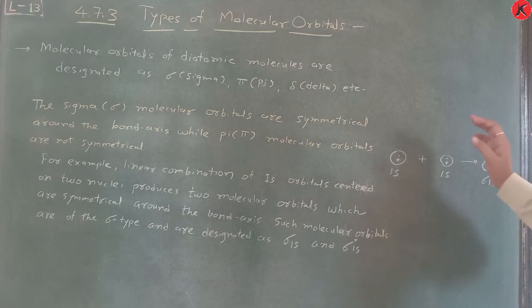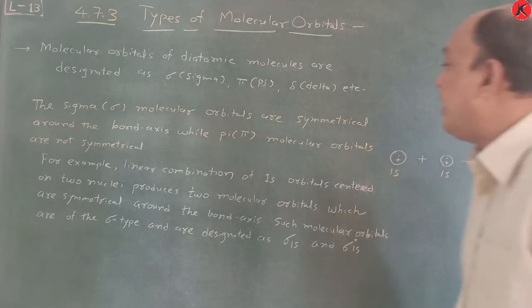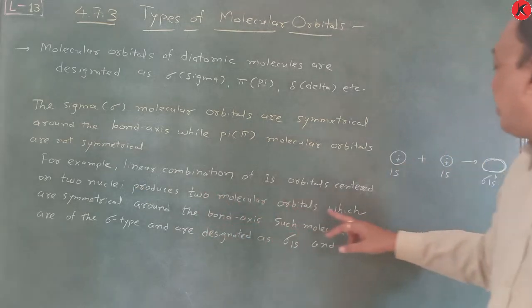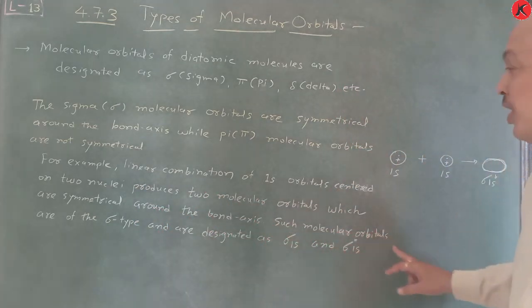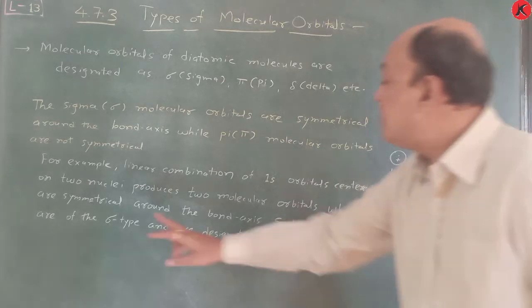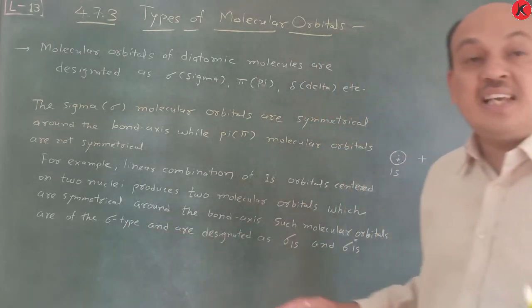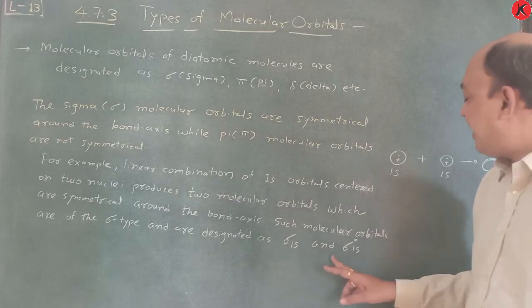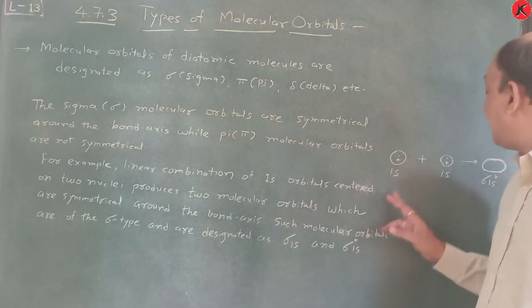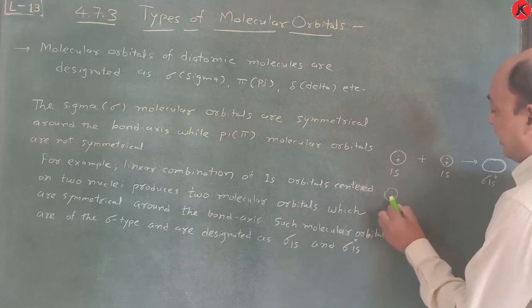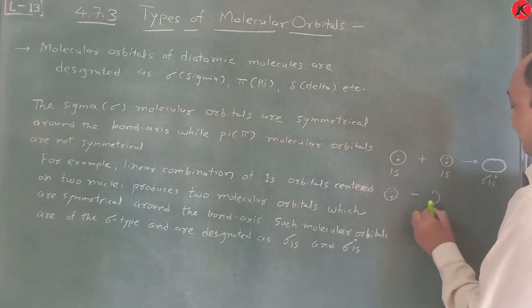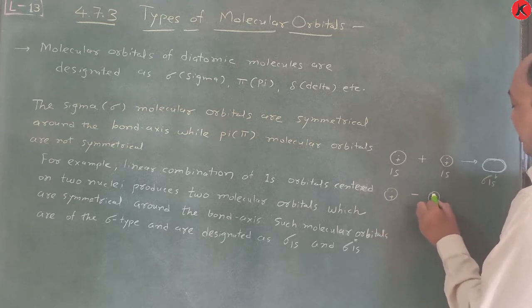You write it completely here. So the two nuclei produce two molecular orbitals which are symmetrical around the bond axis. Such molecular orbitals are of the sigma type and are designated as sigma 1s and sigma star 1s. So for sigma star 1s we have to put the dot here, plus and minus, and here dot and plus.